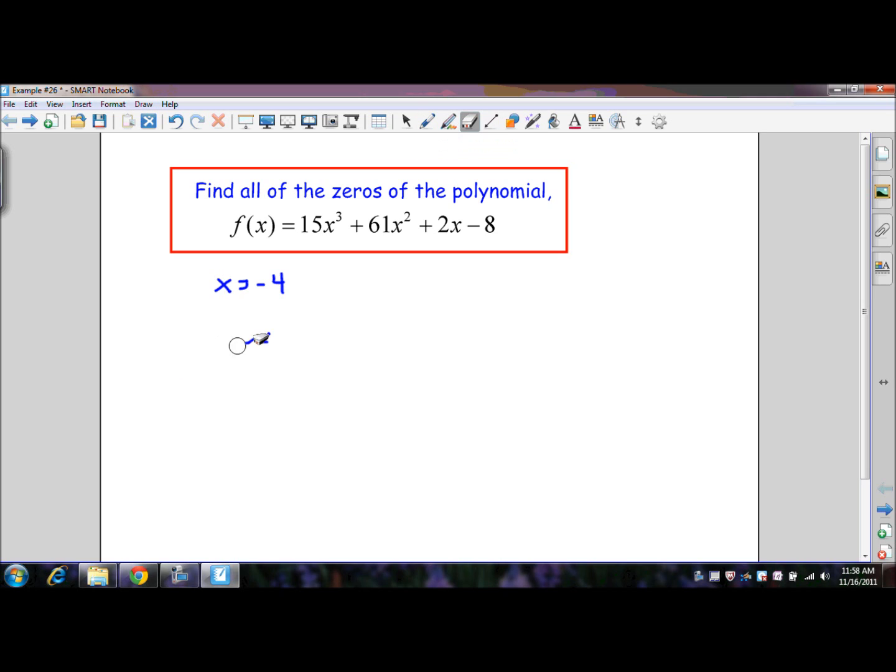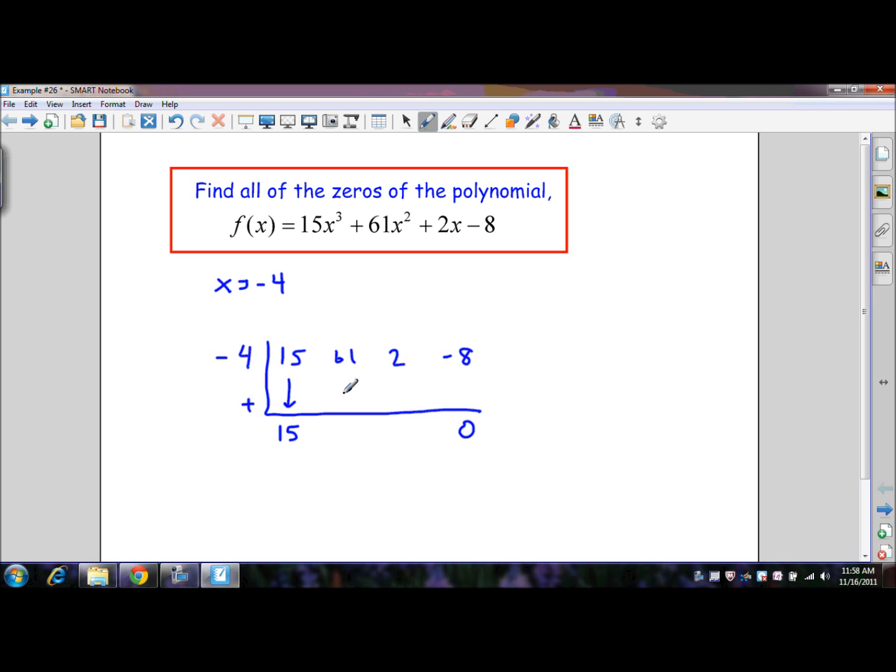So I'm going to take -4. Okay, so -4. I'm not missing any terms, so 15, 61, 2, -8. I know the remainder is 0.